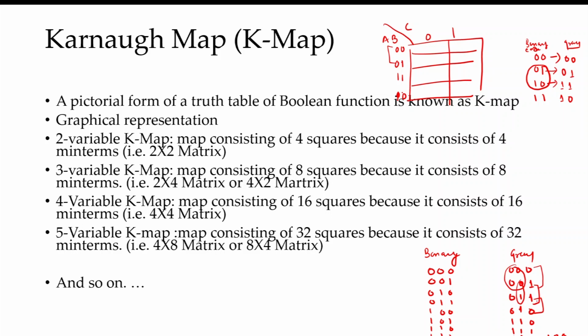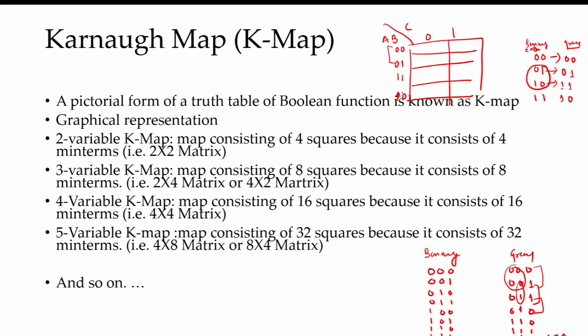When we write a gray code and compare any two consecutive gray codes of any two consecutive decimal numbers, they differ by only a single bit, not more than one bit. That's why during representation or minimization using K map, we prefer gray code for representing the sequence of rows and also columns.